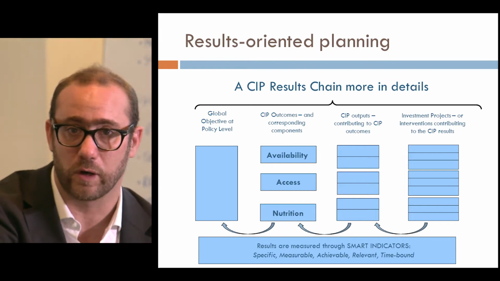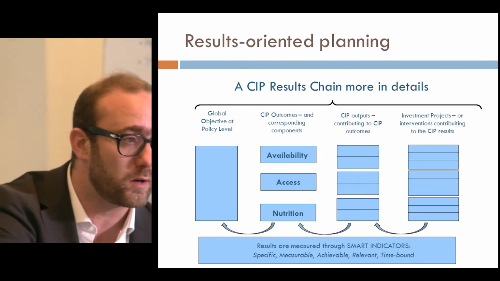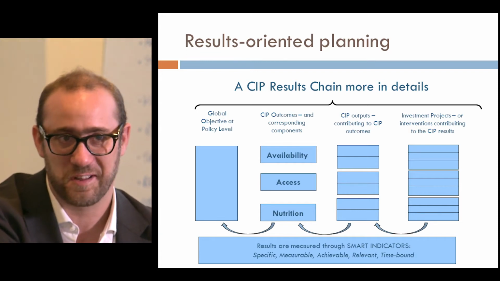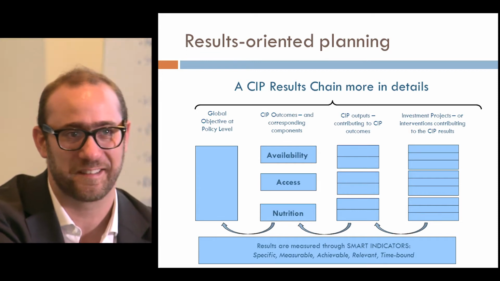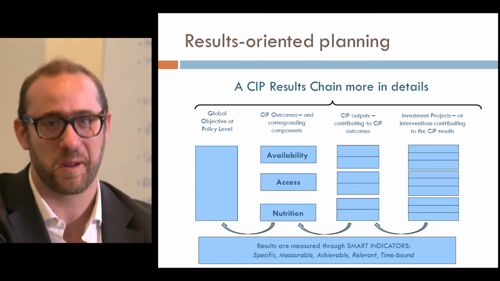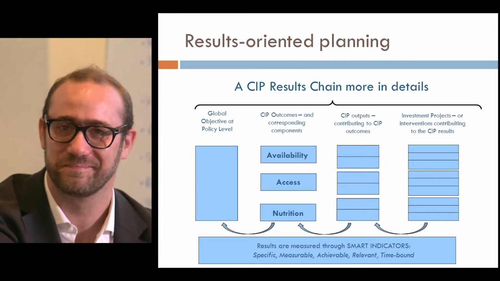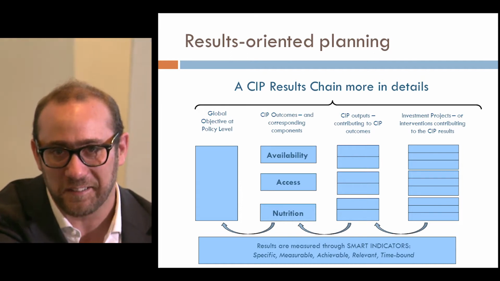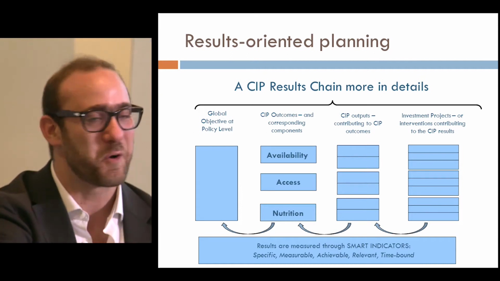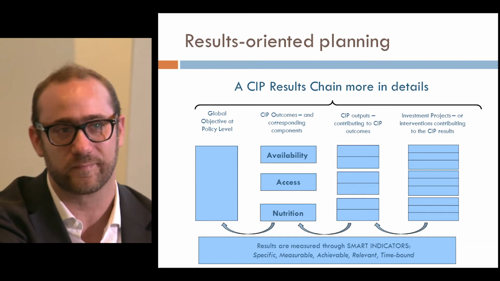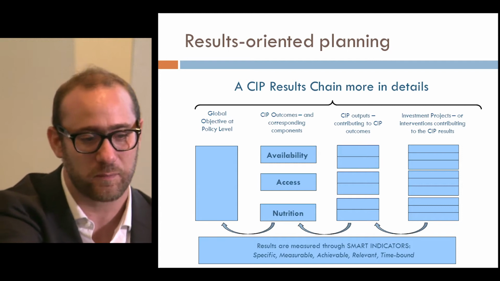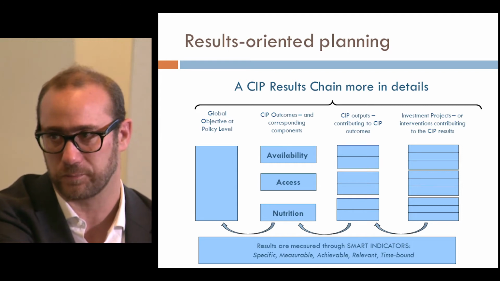Also, it is important to remember that we measure all results through SMART indicators. Does someone want to dare to describe what a SMART indicator is? I can give you a tip. You can also read on the bottom line of the slide, because it is mentioned there. We have the acronym SMART, which means specific, measurable, achievable, relevant, and time-bound.